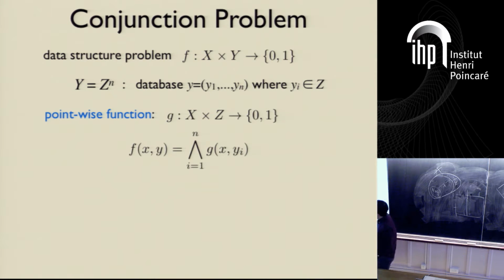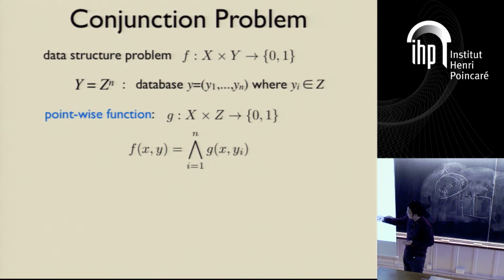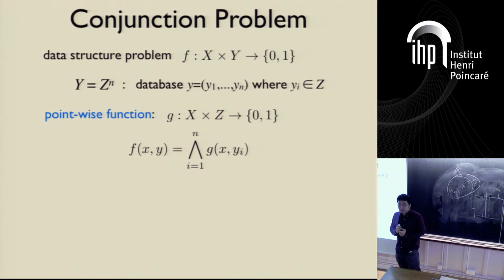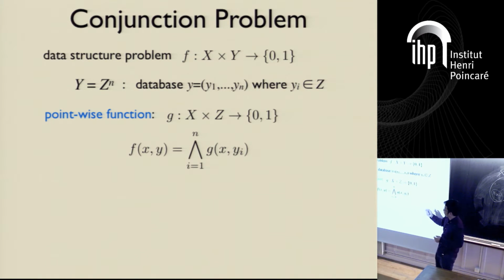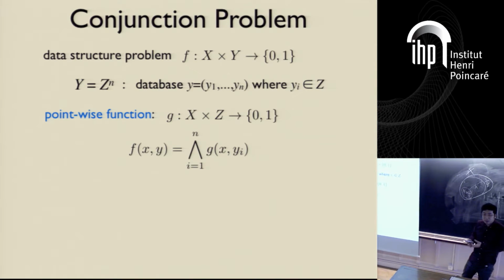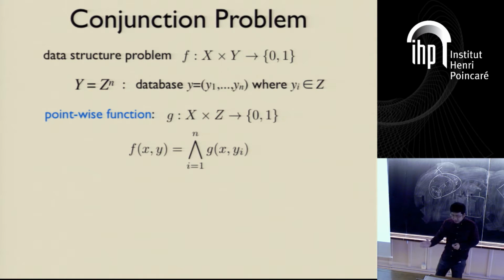The conjunction data structure problem F is defined as a conjunction of a binary relation between the query and each of the n data points, where this binary relation is defined by a point-wise Boolean function G. It's like a constraint satisfaction problem where the query enforces a constraint for every individual data point, and all of them must be satisfied to pass this query.